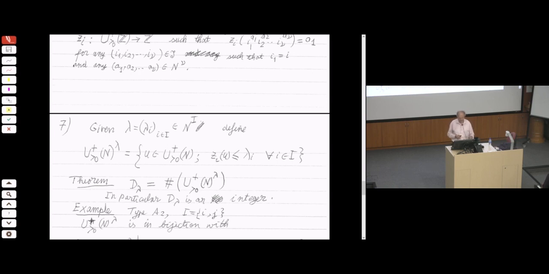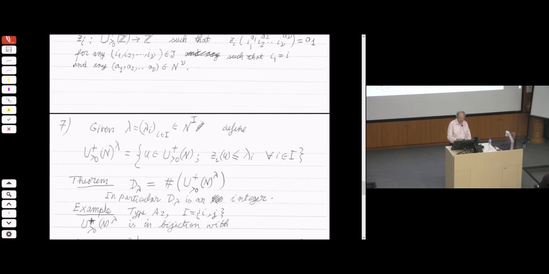So this gives some explanation of why the d lambda is an integer. And by the way, this is something which I knew a long time ago, but for a long time I was missing something.